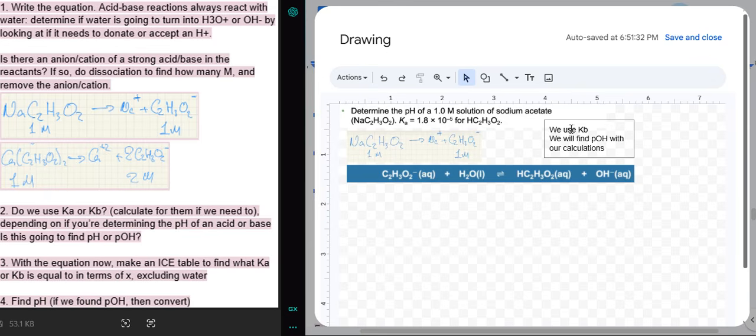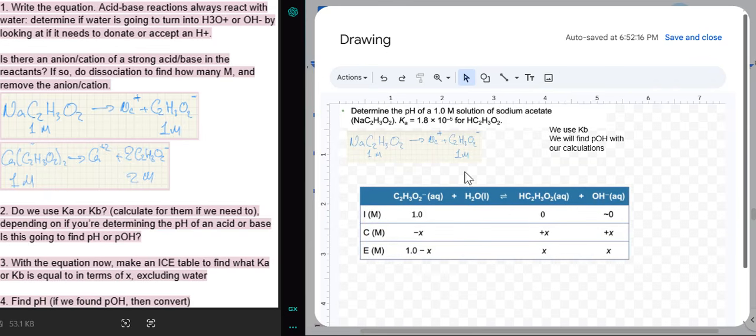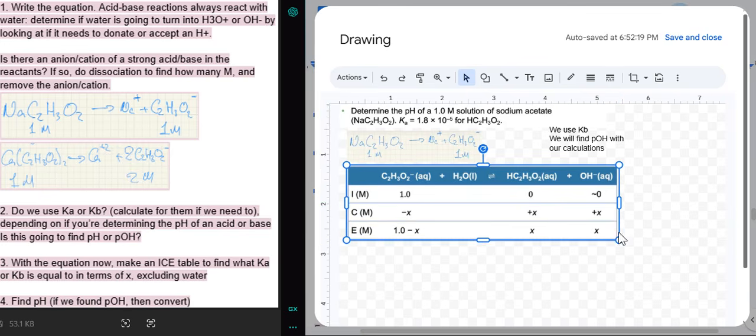We know we use Kb and we find pOH. So now third step, we make an ICE table, and same thing. This is the ICE table already done.